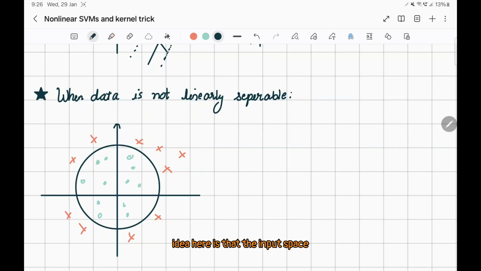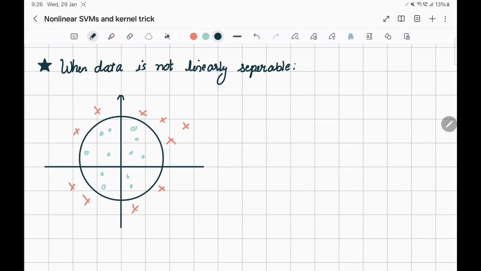The general idea here is that the input space can be mapped into some higher dimensional feature space where the training set, the data points, is separable. So we have x here.